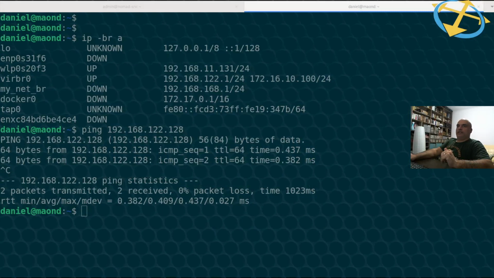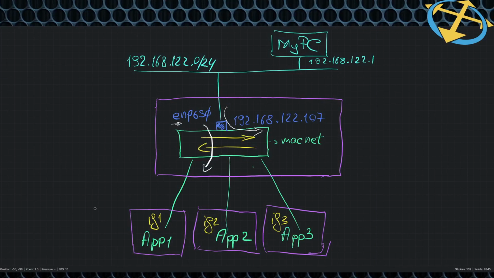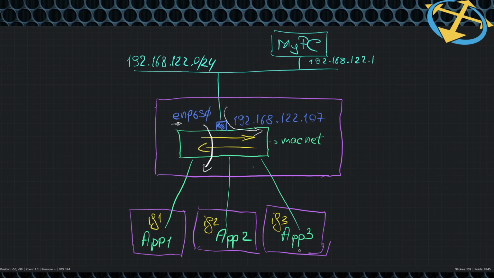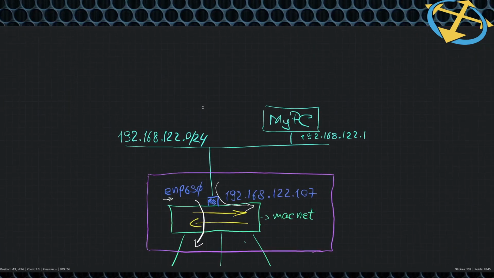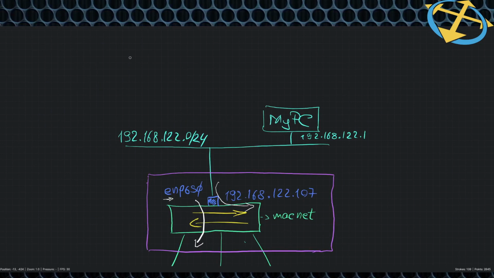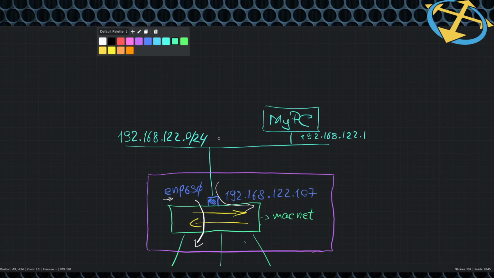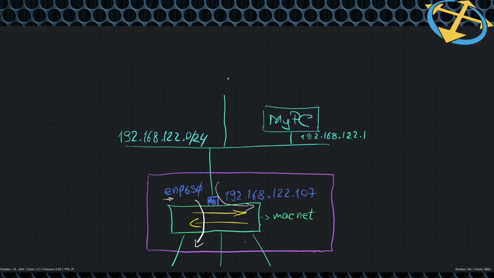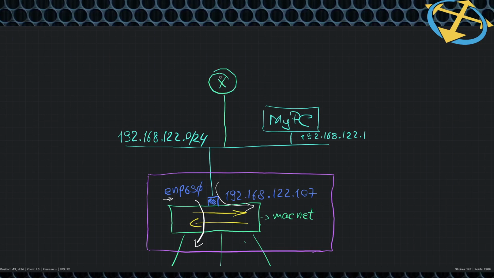So let's go a bit back to the gray board here. What I haven't represented here is the default gateway, the one that we have used for our container. Let's say I have here a router device.